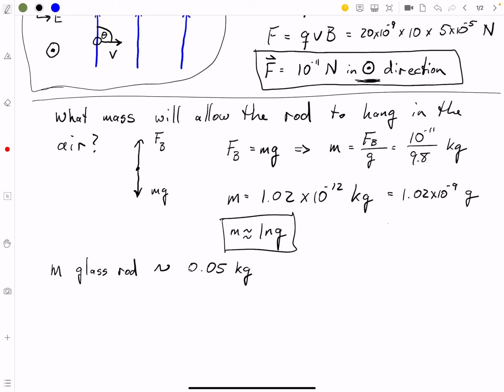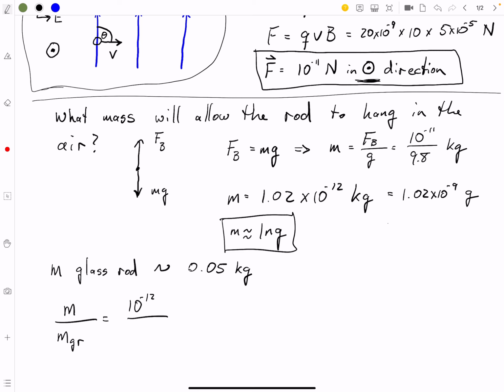And we could then take the mass of our object and divide it by the mass of a glass rod and get the difference. Our object is, let's just say, 10 to the minus 12. Let's forget about the 0.02.